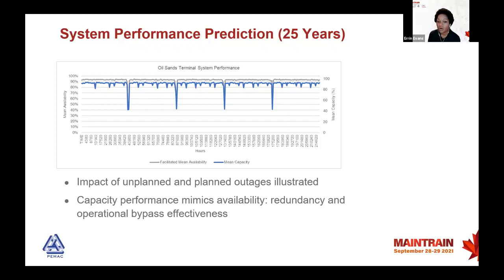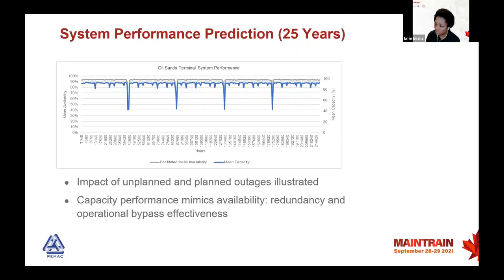And so the system overall is available because your success path is still there. There's still a path, but there's a reduction in that capacity because you're not running through all of the redundant equipment that's provided.